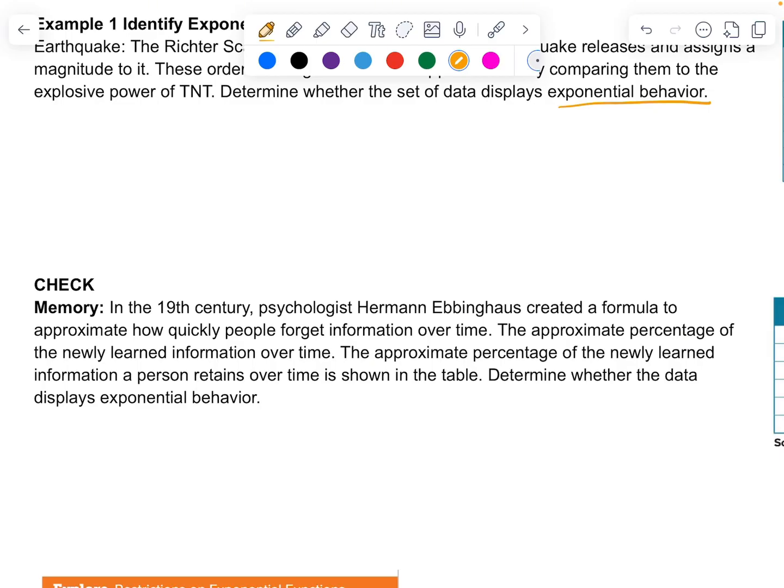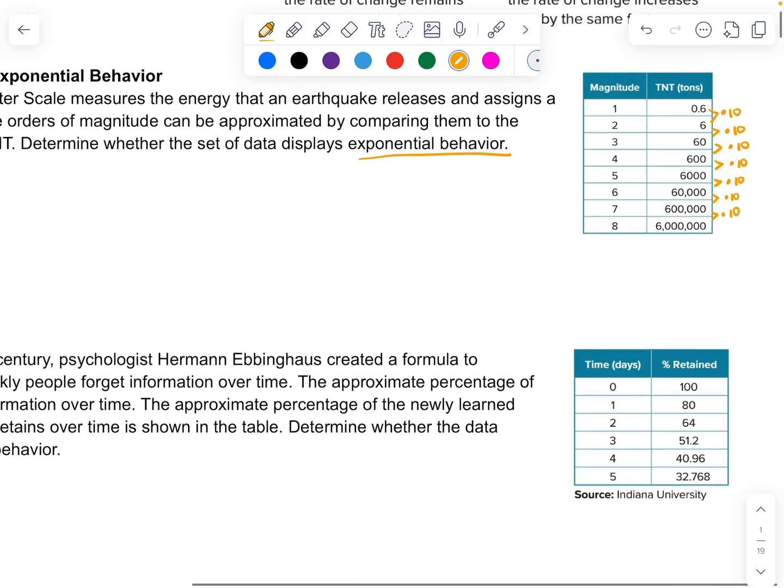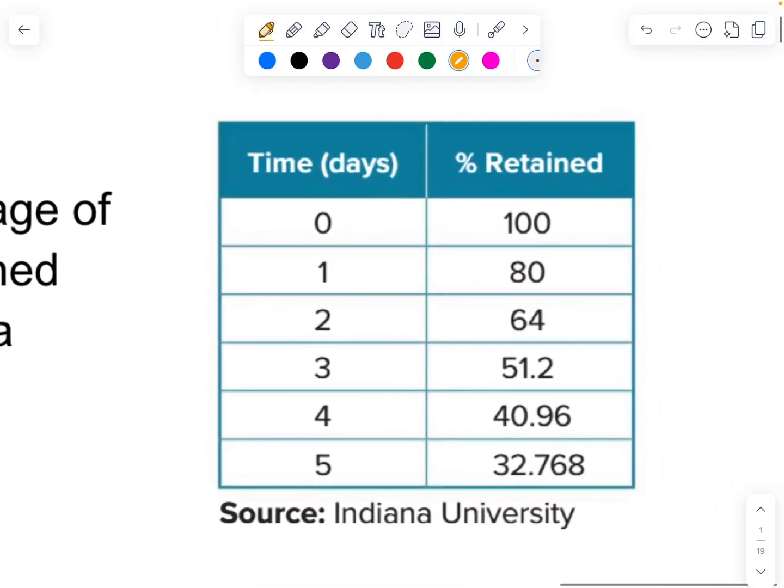Determine whether the data displays an exponential behavior. So again, remember that in order for it to be an exponential behavior, it has to multiply by something. So as we look at this, can we multiply by something? Okay, so let's look at it.